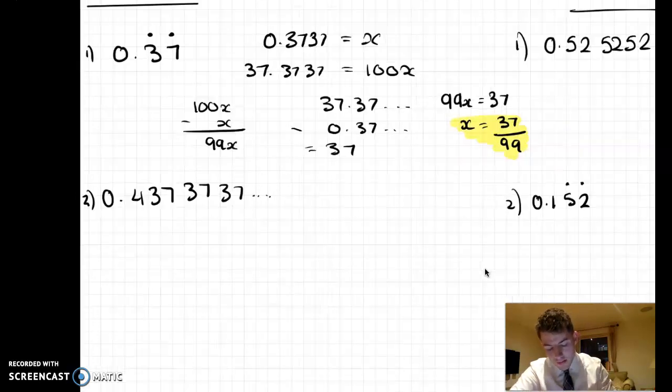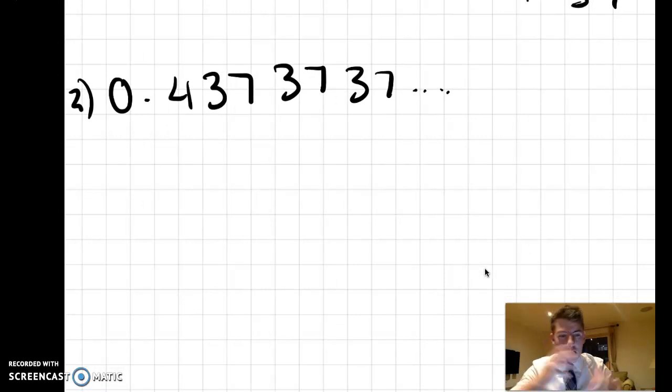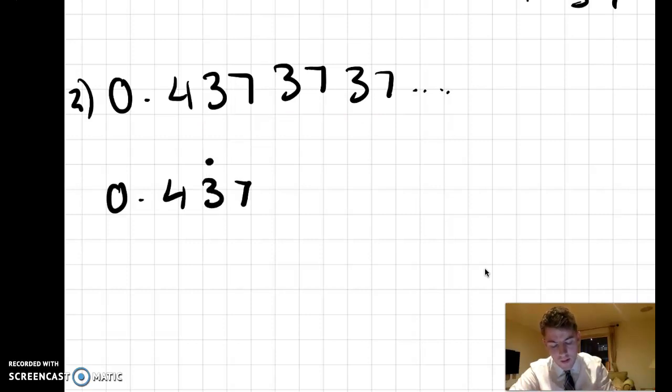Here, question 2 we're looking at. Okay, where's the recurring decimal? Well, we can see that the 3, 7 repeats every time.